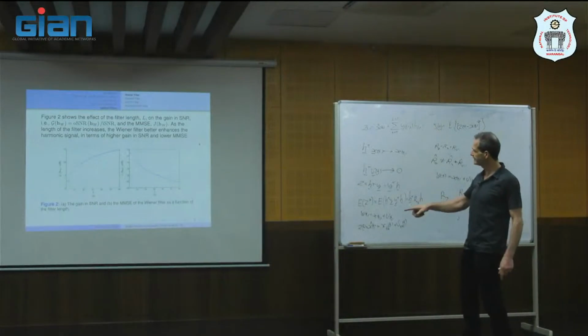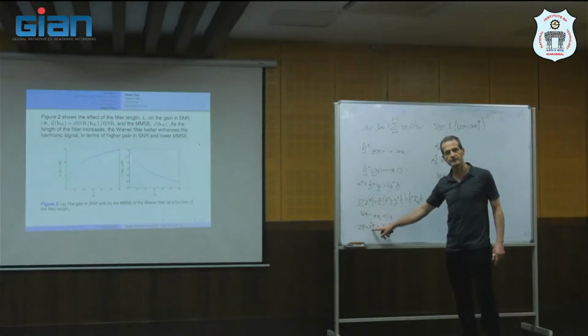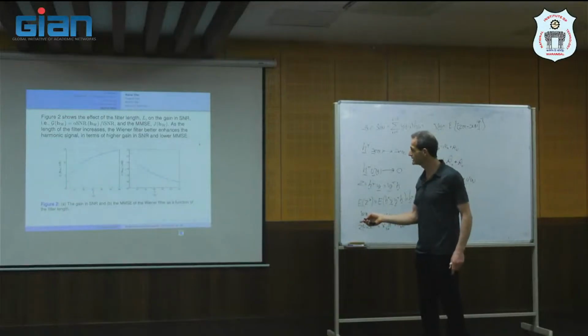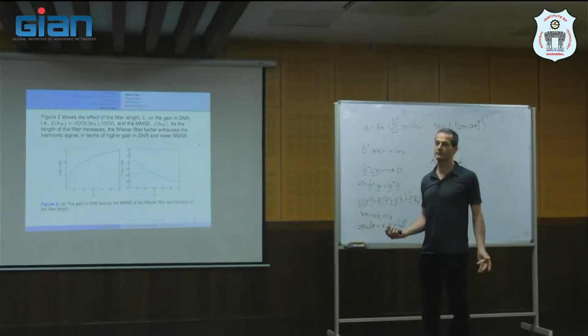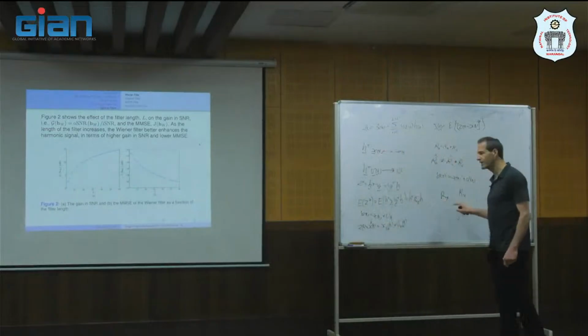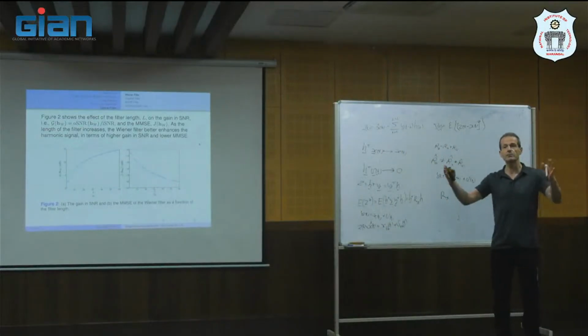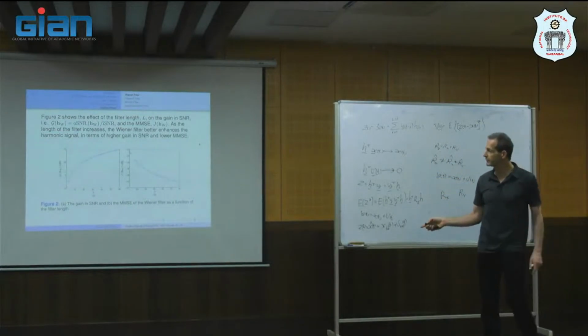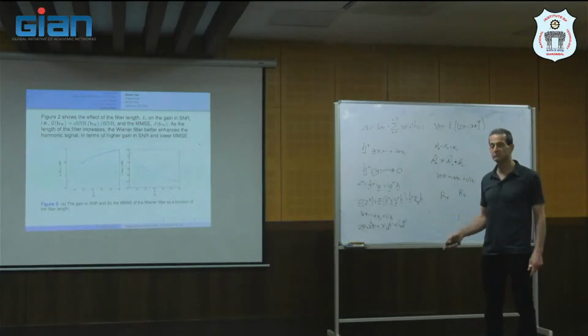So we can estimate xt better. You see, that's why it increases. And this decreases. Very well. But suppose that you don't know the true Rx and Rv. You estimate it from a certain length, and you don't increase this length. What do you think? What will happen if we increase L?